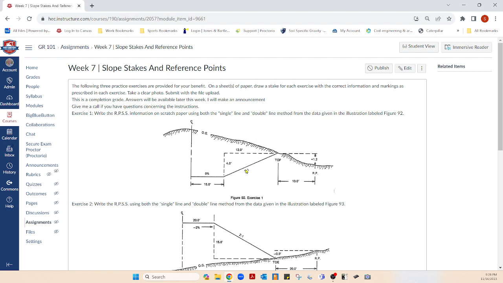If you decide to say cut 4 feet at 3 to 1, make your note right off to the side of your stake at that location, and we'll call this the toe, because we're not going very much further. You're at the toe part of the stake. So that's going to be a cut down to the toe of 4 foot at 12 feet or 3 to 1.